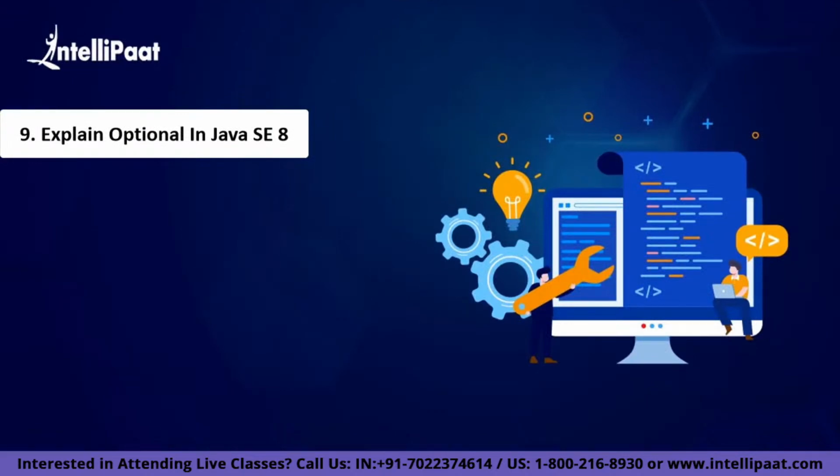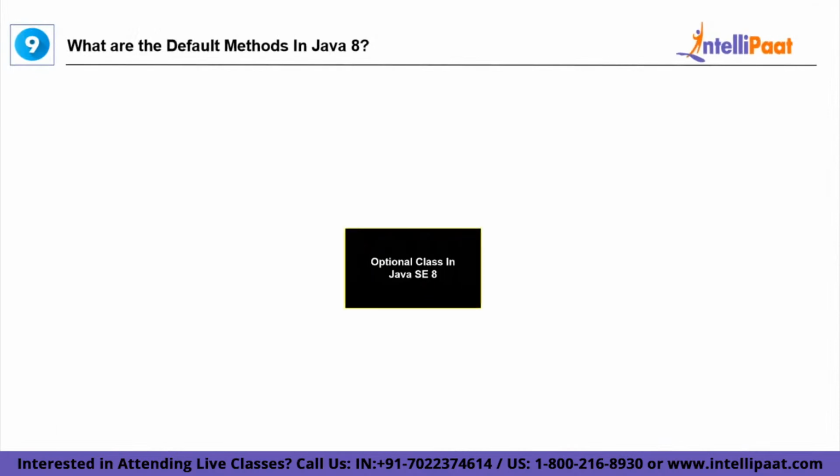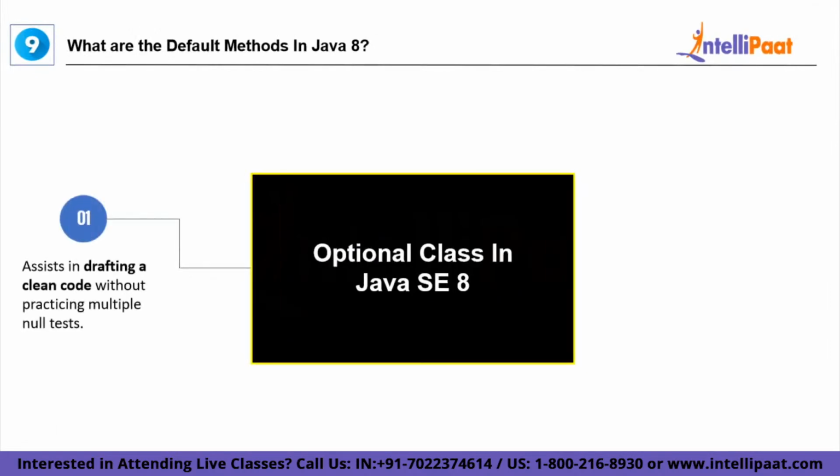Explain Optional in Java SE 8. The Optional class can assist in drafting clean code without practicing multiple null tests. By working with Optional, we can define substitute values to return or alternate code to run. This makes the code more understandable because the actions which were received are now obvious to the developer.